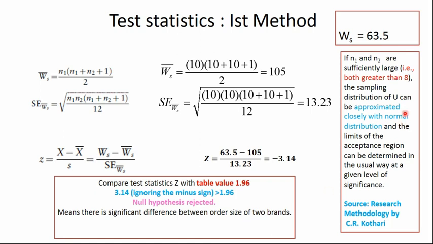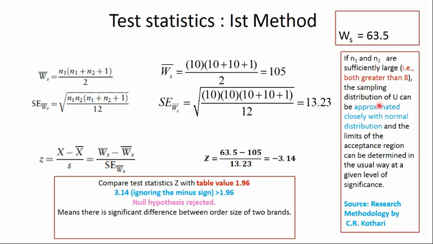Friends, there is one thing to be noted down. Here N1 and N2 are sufficiently large. This is a reference: source Research Methodology by C.R. Kothari. N1 and N2 are sufficiently large in the non-parametric Mann-Whitney U test: if both the samples are greater than 8, that is, N1 and N2 are greater than 8, then we will take it as a large sample.